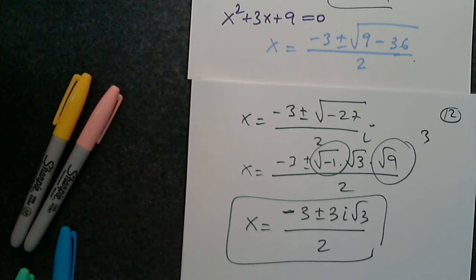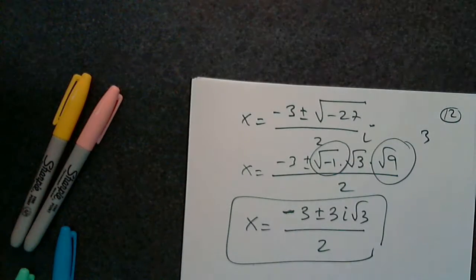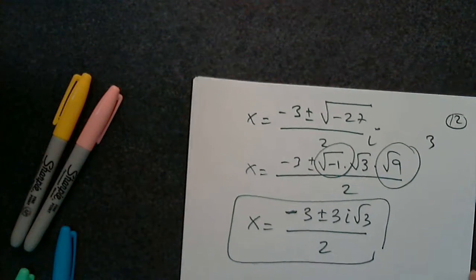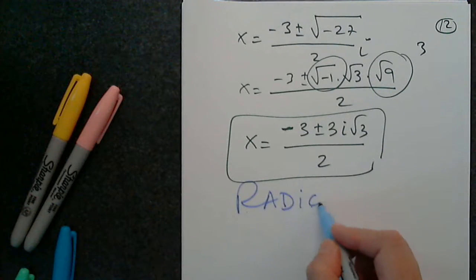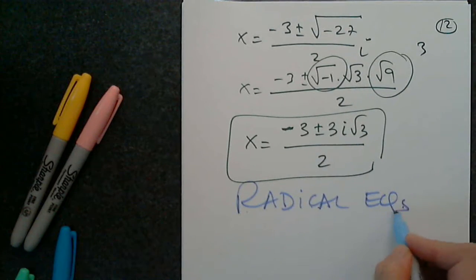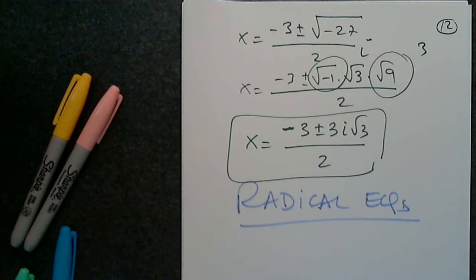Any questions? Okay, we're down to 3 minutes. I just want to show you the second one, just one example, and we'll stop. Radical equations. Very simple example, number 12.